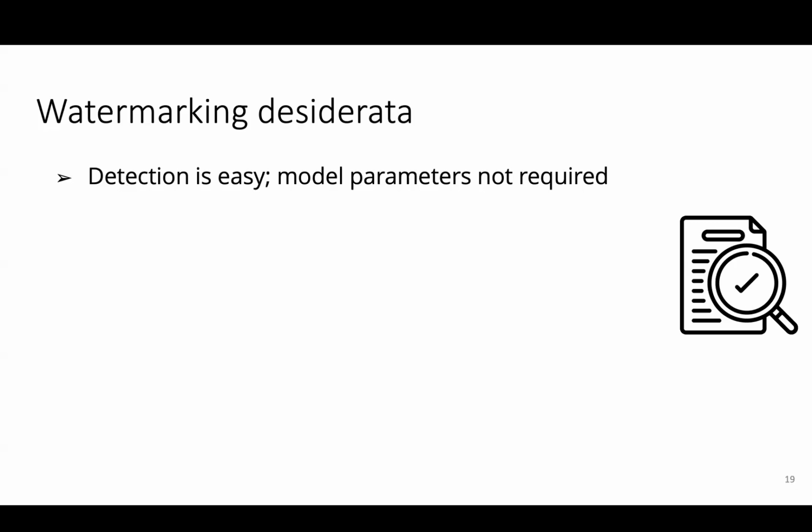The first is that we want the detection in these settings to be easy. So if you have an LLM generating some content, I don't want to have to know the original model parameters or anything proprietary about how the watermarked content was generated. So imagine you have this billion parameter model.